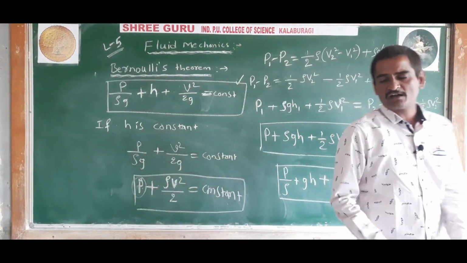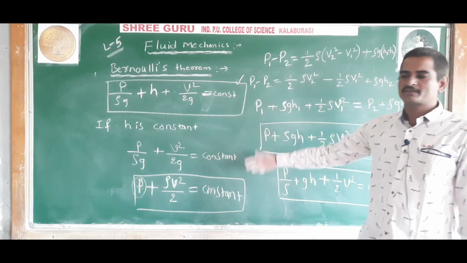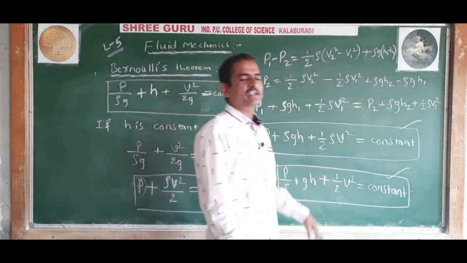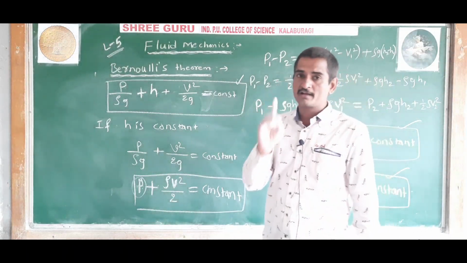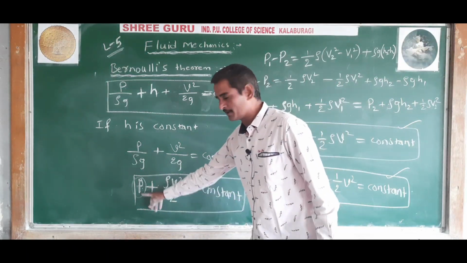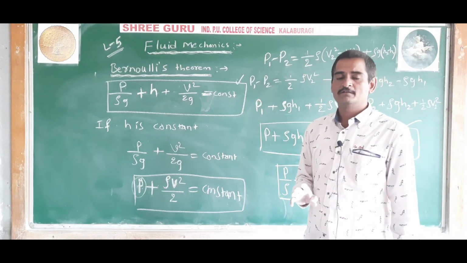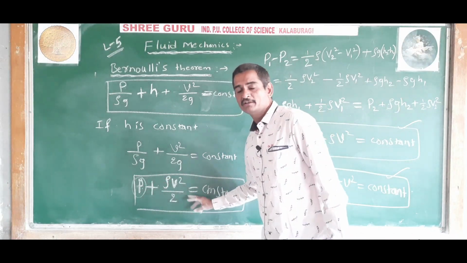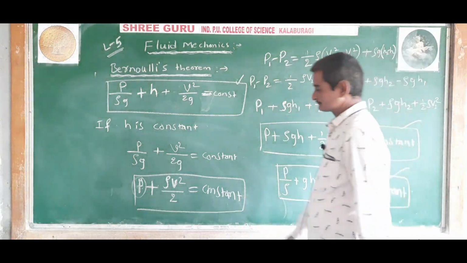That is the main understanding you have to get to understand further concepts of Bernoulli's theorem. In the next class we study the application of Bernoulli's theorem, and you can understand it only if you understood this point. Once again I will repeat this point. Remember properly, in the next class it will be very useful.